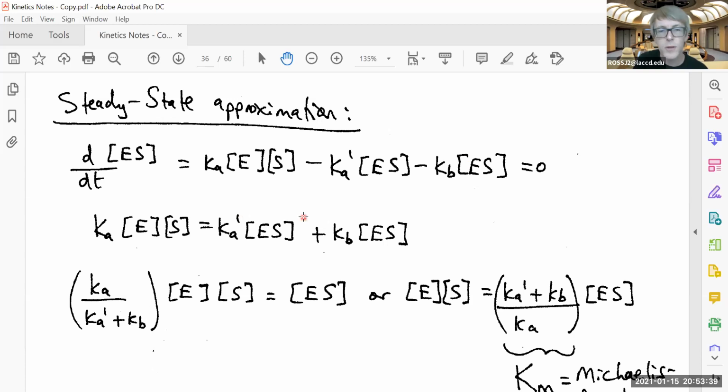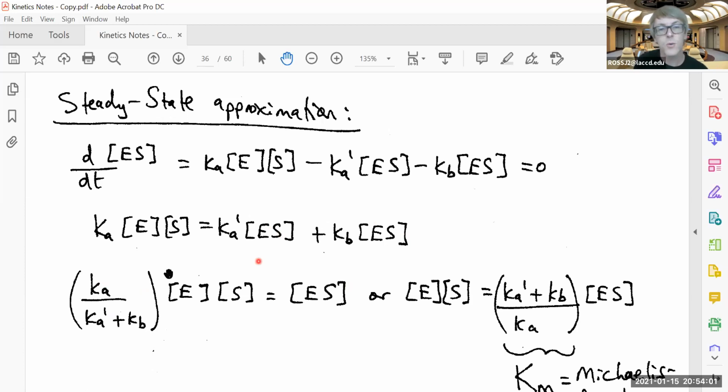Okay, so I'll go through this pretty quick. It's very straightforward, and you can pause the video if necessary. But we're going to pool like terms. So we're going to drag essentially the rate constants on one side, keep them together, and then we just have ES on the other side.